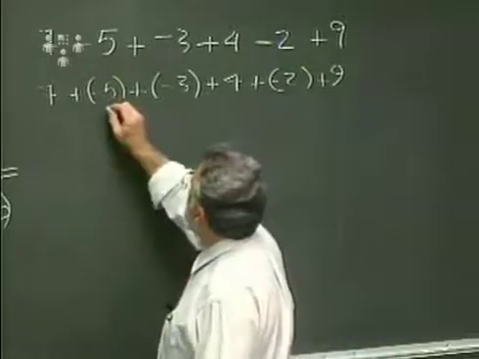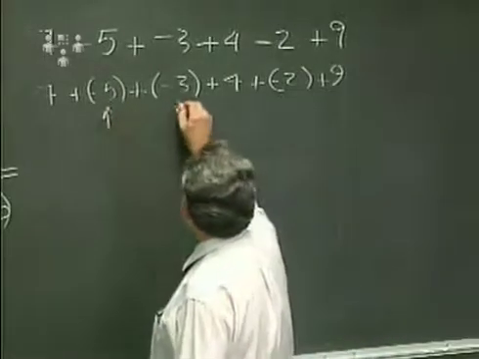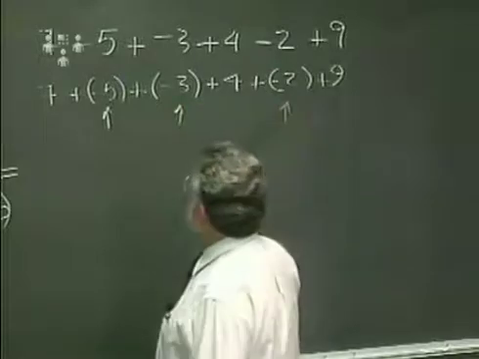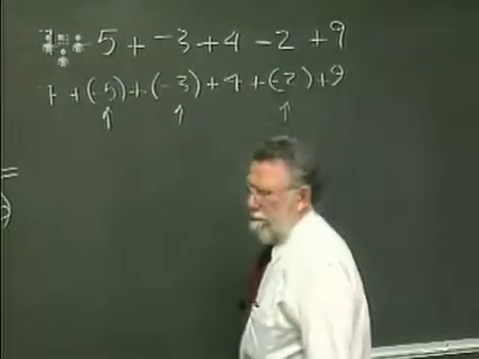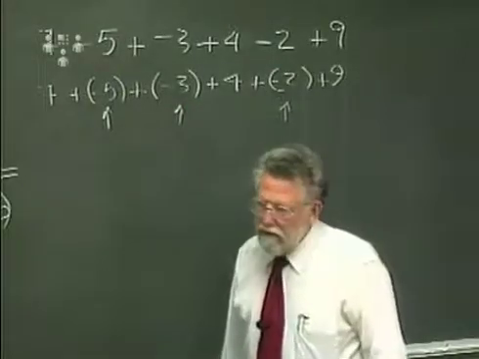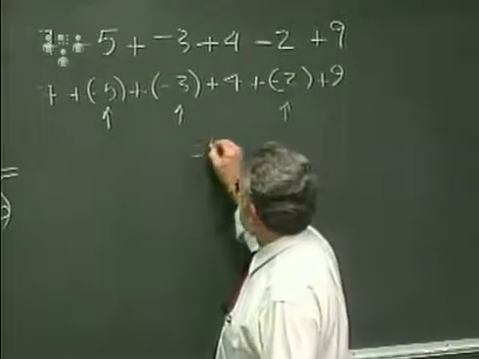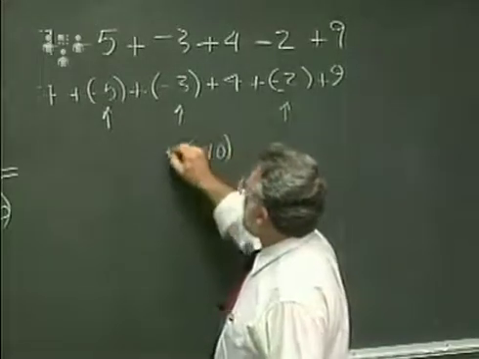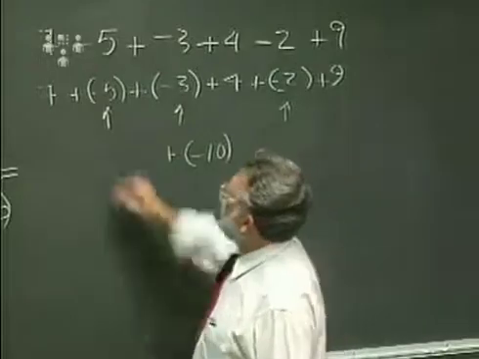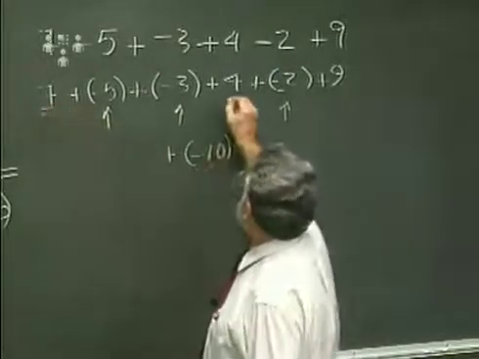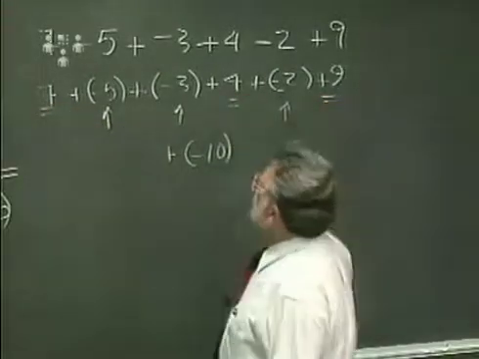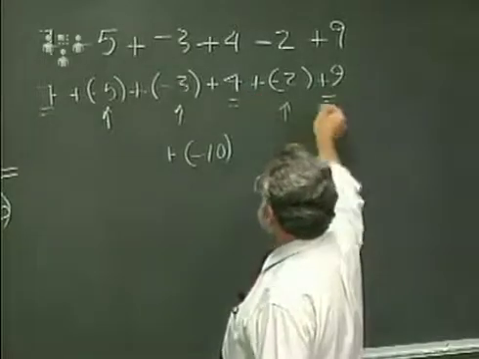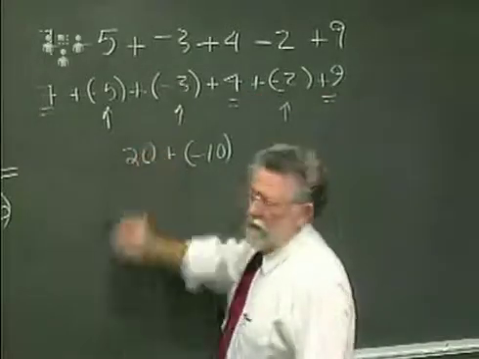Now, collect the negatives all at once. And what do you have? Negative 10. Not 10. You have negative 10. And collect all the positives, which will be 7 and 4, 11 and 9 is 20.